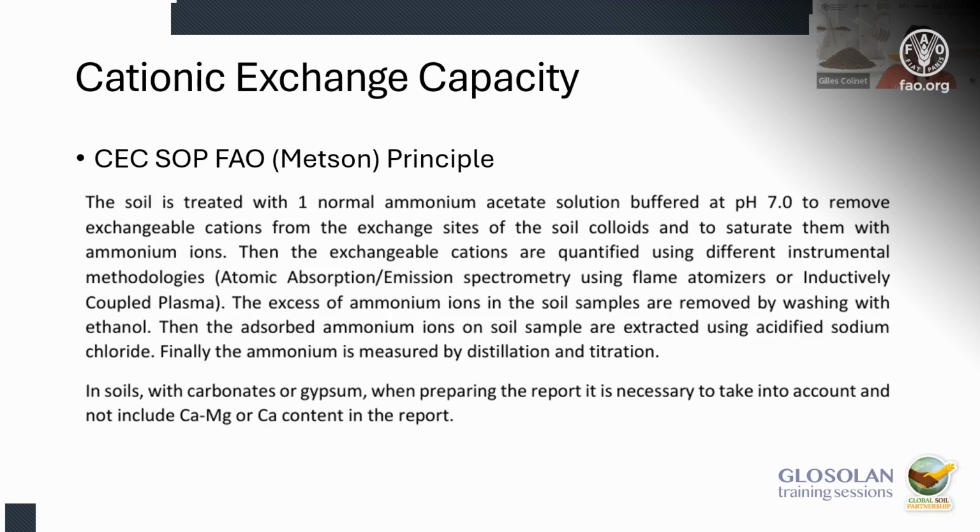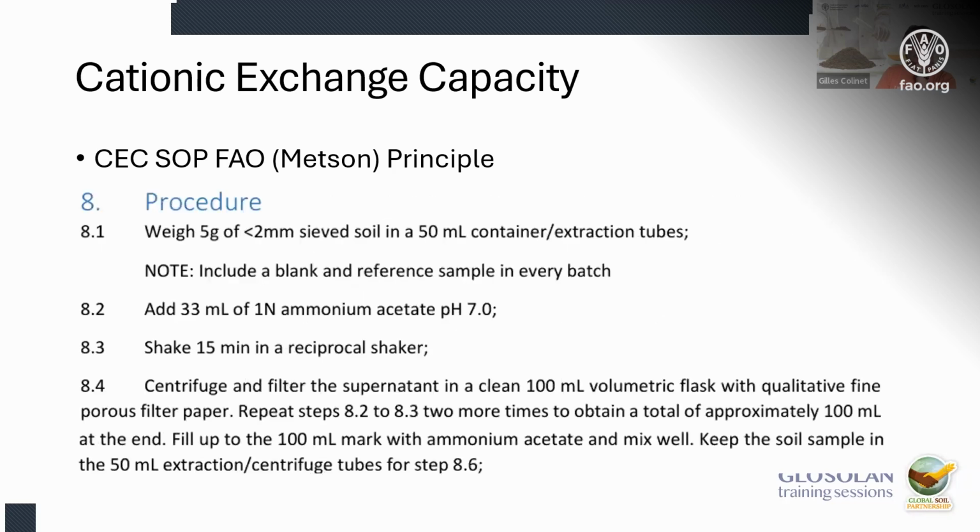in basic conditions. So regarding the procedure, you weigh 5 grams of soil and you add 30 milliliters of ammonium acetate at pH 7.